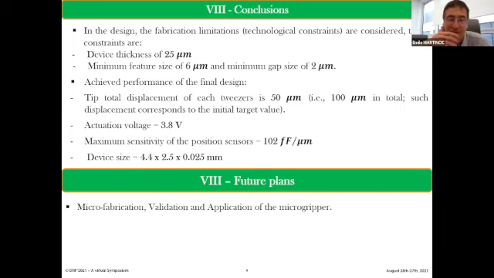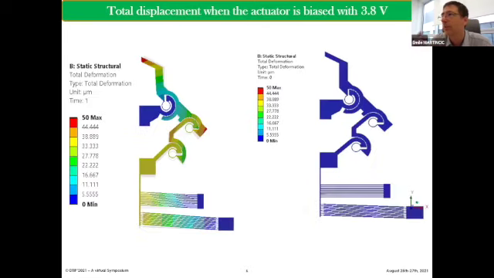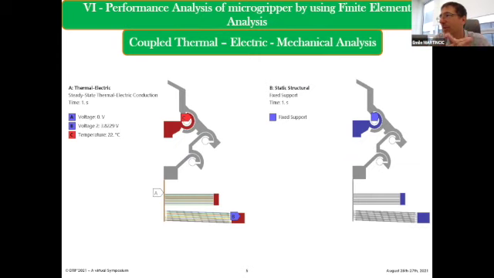I suppose it took a long time to model that and to carry out these simulations. Can you comment a little bit on that? How big is the model? How much time does it cost, for example, for one structural simulation or for one thermal? I suppose what you showed was a transient simulation when you showed the displacement of the tip. Can you say a few words about that?